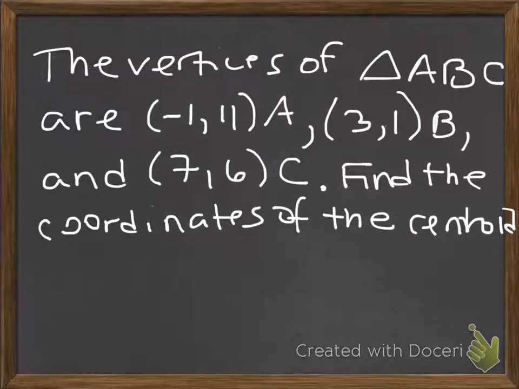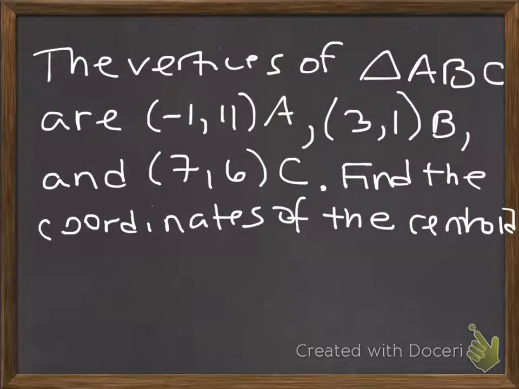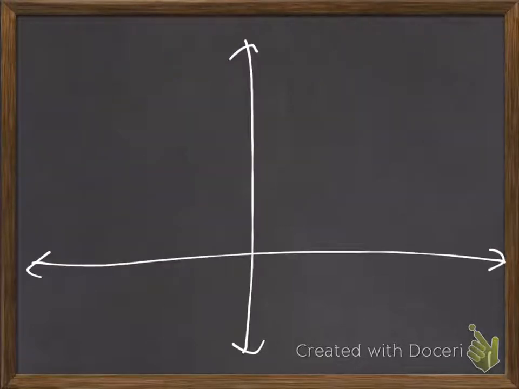Here we're given the vertices of triangle ABC. We're asked to find the centroid. This would be best to use a piece of graph paper. I'm going to try and show you as best I can here. So we have A at -1, 11.